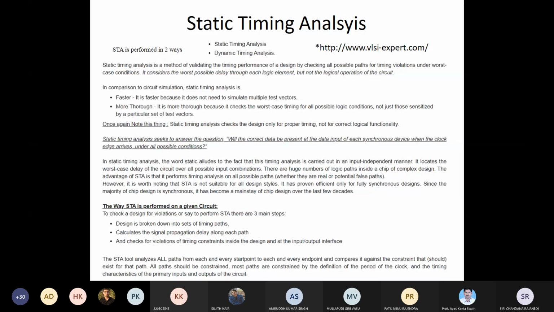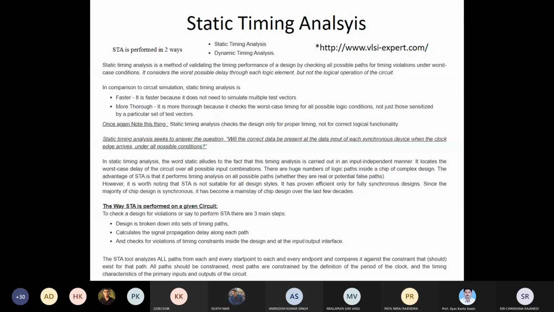So after this is over, synthesis tools are designed in such a way that they replace all the virtual gates available in the RTL code and map them with the gates available in the library. Okay, so at the end of the synthesis tool, you will get a gate level netlist.